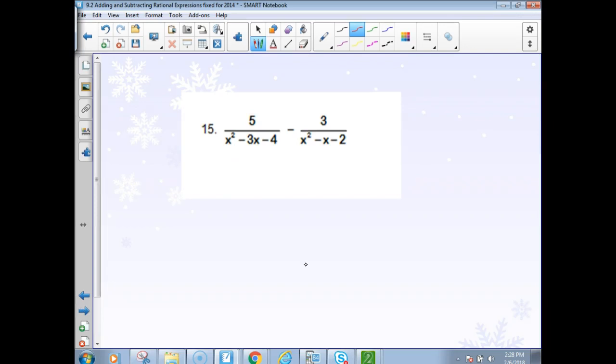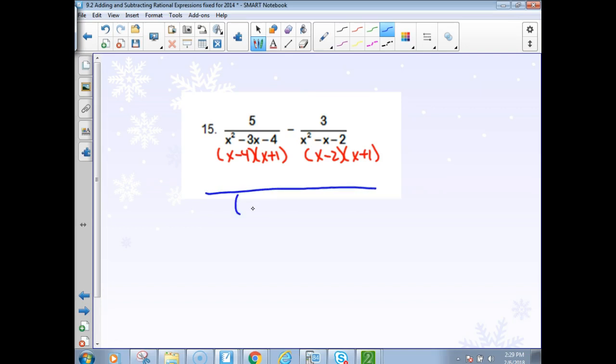Okay, 15. Rewrite this thing. Factor out my denominator: x minus 4 times x plus 1. Second one, x minus 2 times x plus 1. Okay, here we go. One big fraction bar.